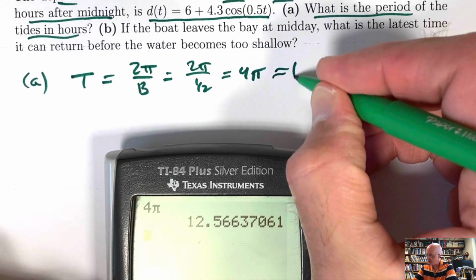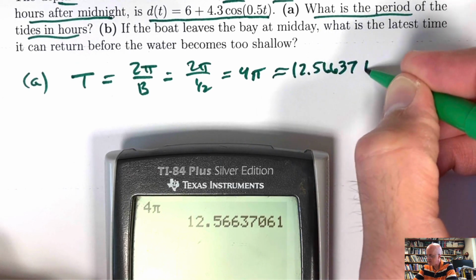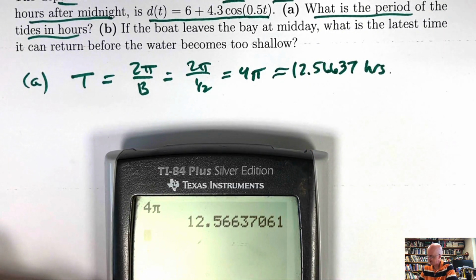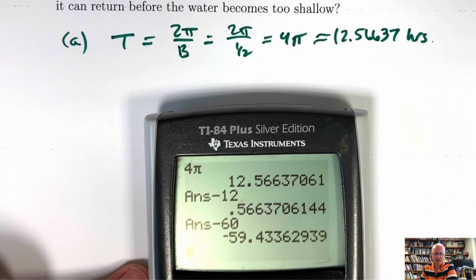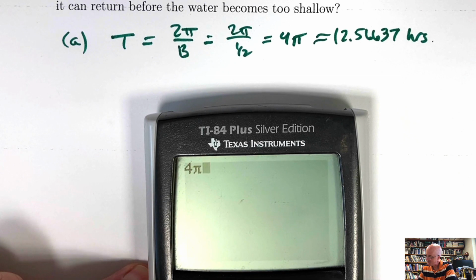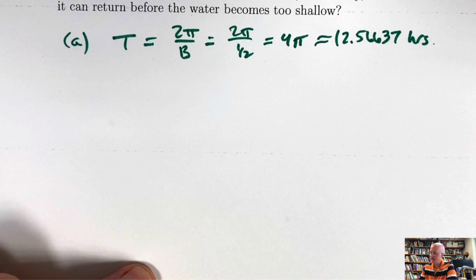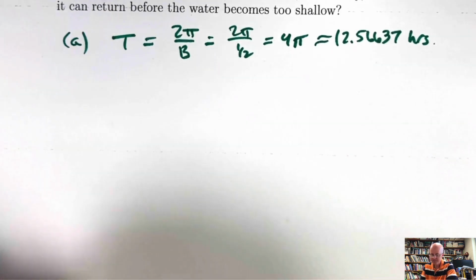So about 12.56637 hours. You could convert that to minutes as well if you multiply by 60. Let's do that again: 4 pi, subtract 12, multiply what's left by 60. It's about 12 hours and 34 minutes. Okay, you could convert to seconds too. Anyway, that is the period.